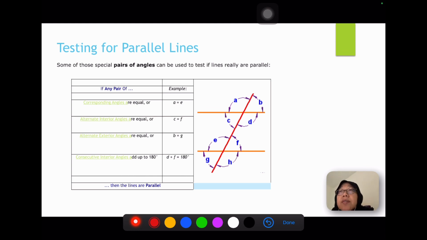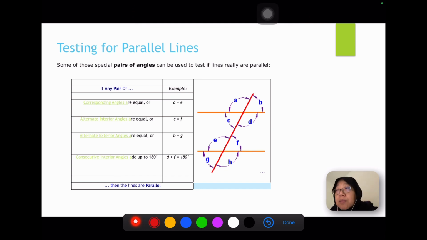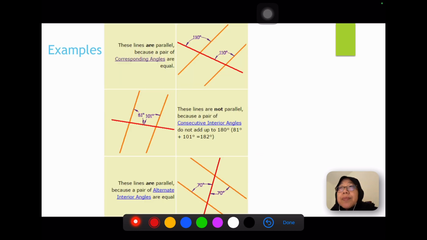This is the same as the previous slide that we went through just now. This part is where we want to determine whether the lines are parallel.